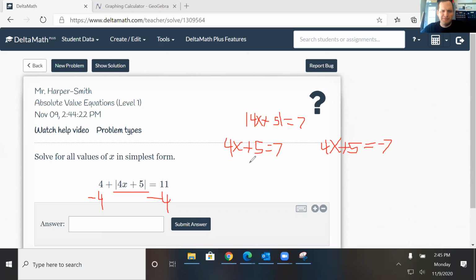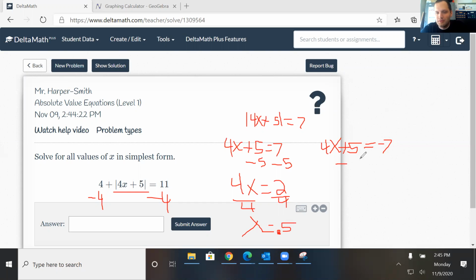Well, how do we solve this? Easy. Follow the order of operations in reverse. So that gives me 4x equals 2, divide by 4, divide by 4. That gives me x equals 0.5. There you go.